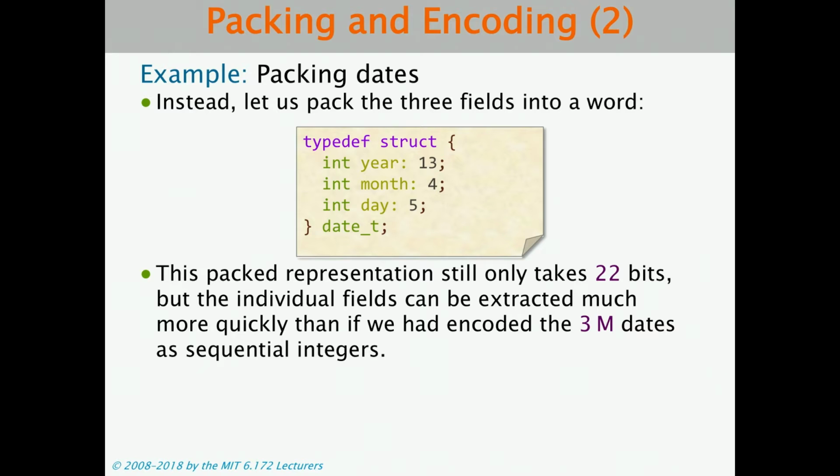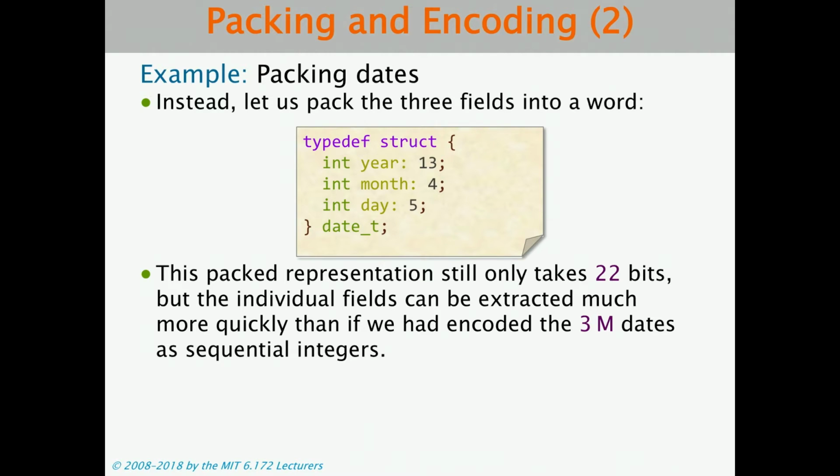So the 13 bits for the year is because I have 8,192 possible years, so I need 13 bits to store that. For the month, I have 12 possible months, so I need log base 2 of 12 rounded up, which is 4. And then finally, for the day, I need log base 2 of 31 rounded up, which is 5. So in total, this still takes 22 bits.